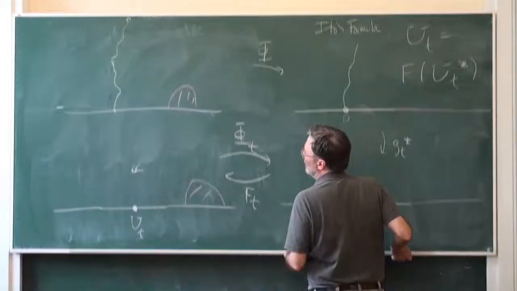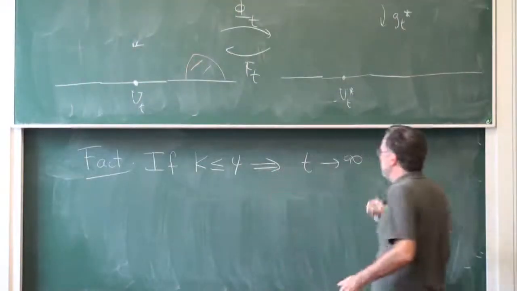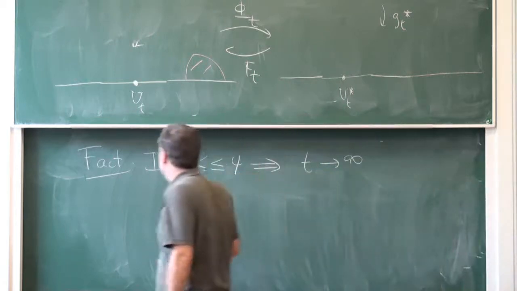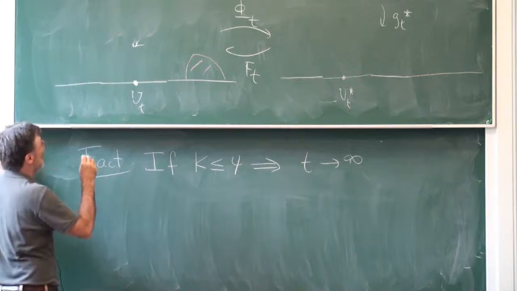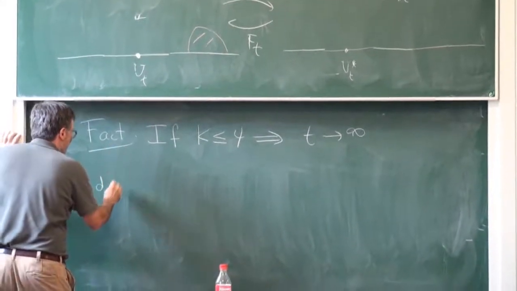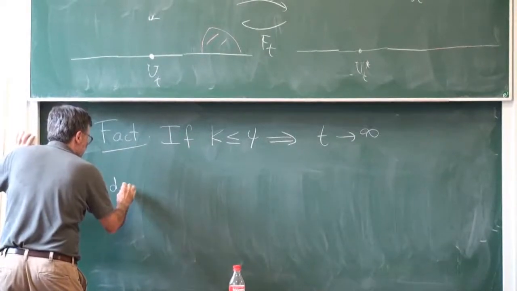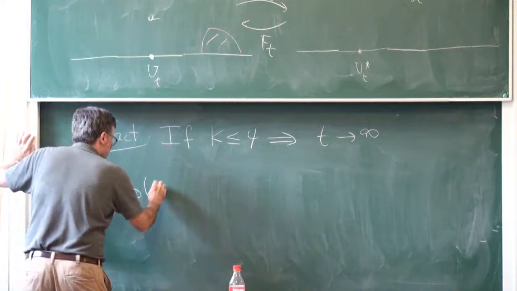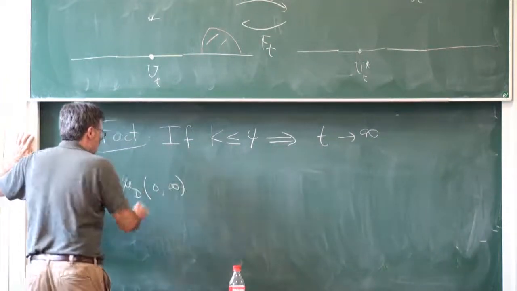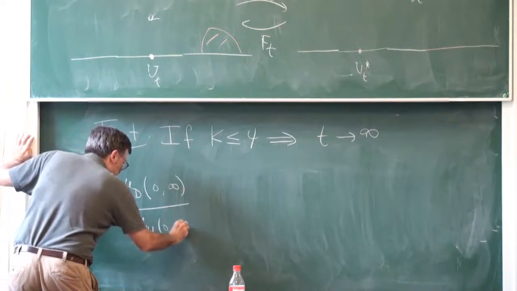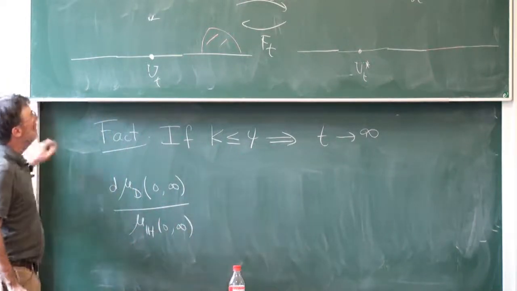And so this next statement is for kappa less than or equal to 4, and we can actually write, I can define a process which I'll call dμ_D from 0 to infinity.